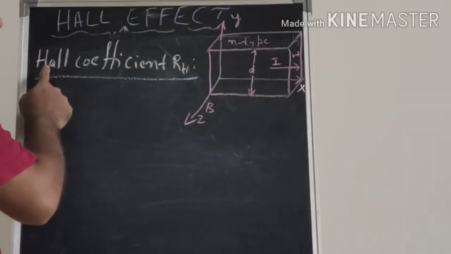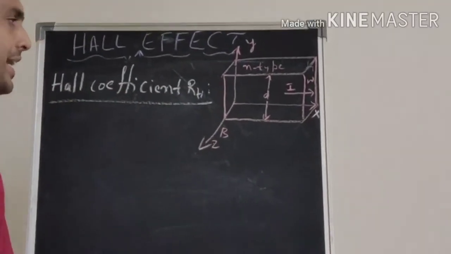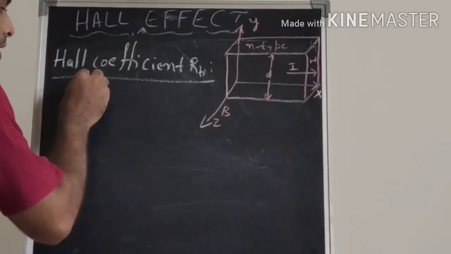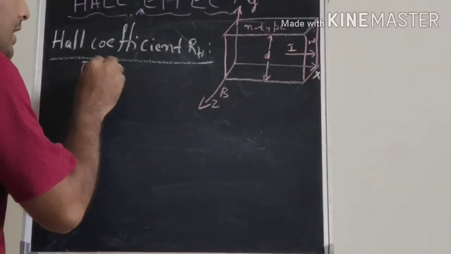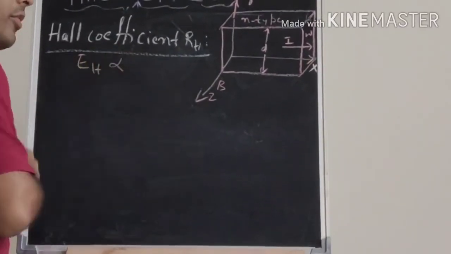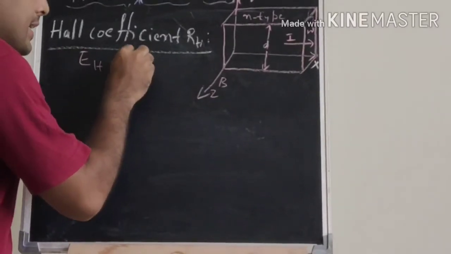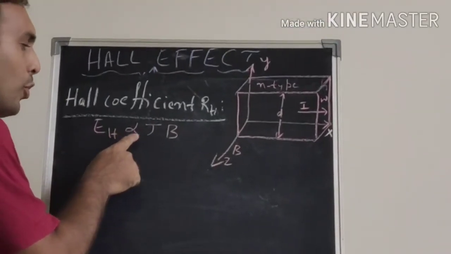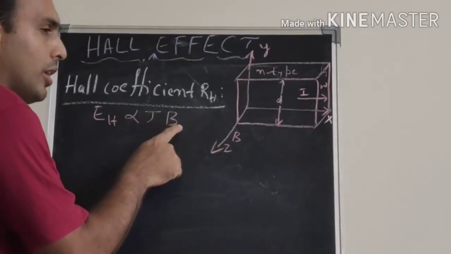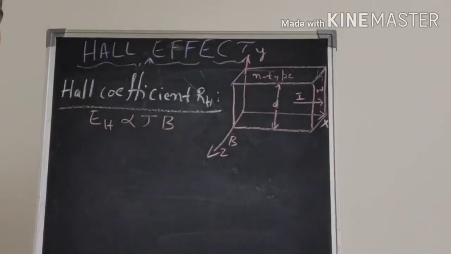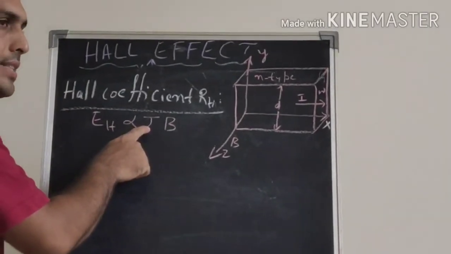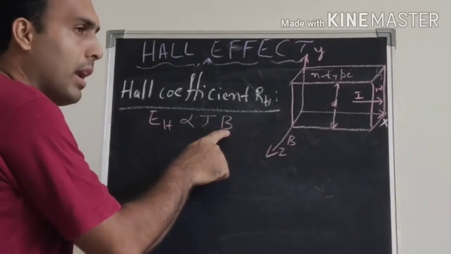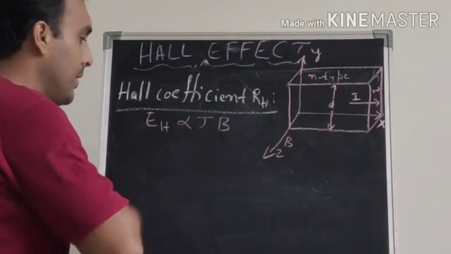Now next we will discuss what is the Hall coefficient RH. So we know that in a semiconducting material, the Hall field EH depends on the current density and the applied magnetic field. So we can write EH is proportional to J into B. EH is proportional to J and B, where J is the current density and B is the applied magnetic field.